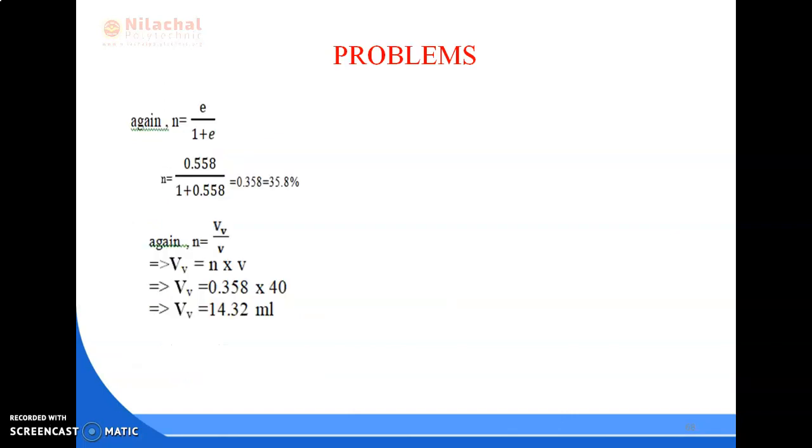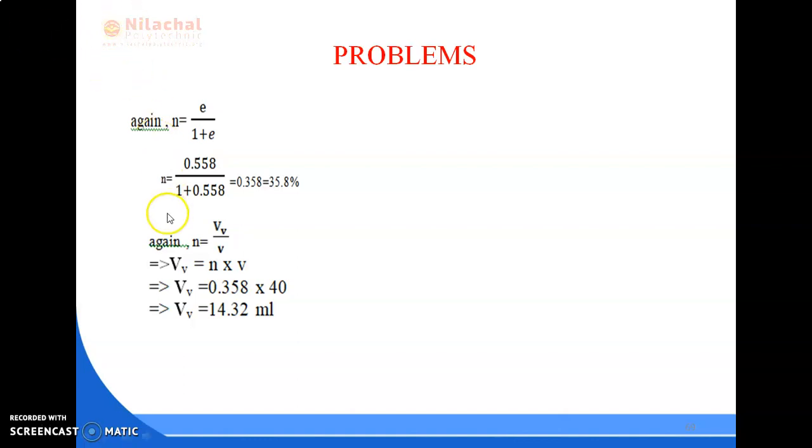Next, we have to find out n, porosity. So n equal to, the relation we know, e by 1 plus e. By putting the values, 0.558 divided by 1 plus 0.558 equal to 0.358, or after multiplying by 100, we find 35.8%.